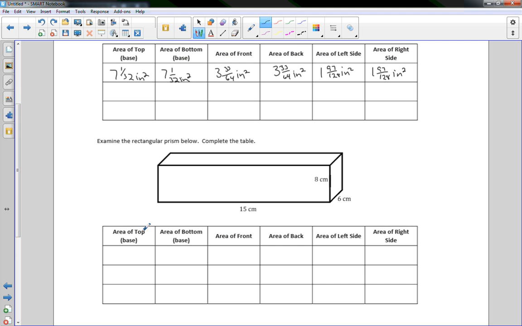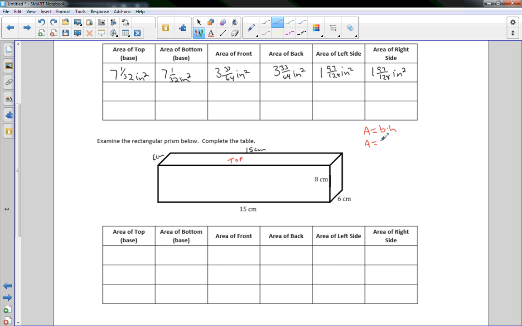So the area, we're looking for all the areas on this. Okay, so I need to find the area of the top first. Let's do the top first. That's this up here. Well, I know it is 15 centimeters, and it is 6 centimeters this way. So the area of the top is right here. Area equals base times height.